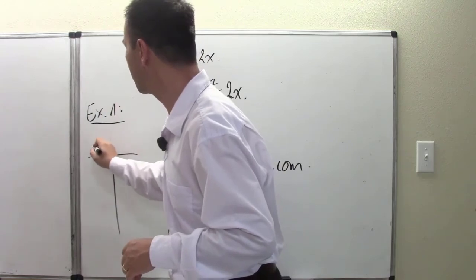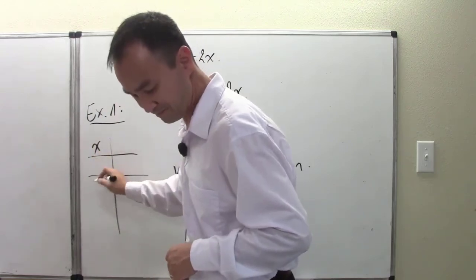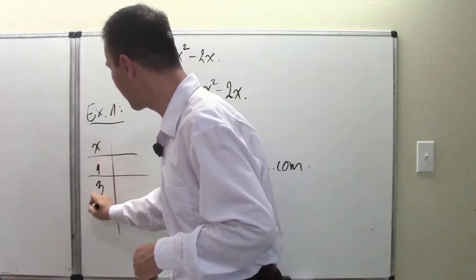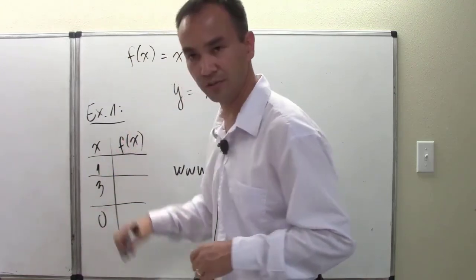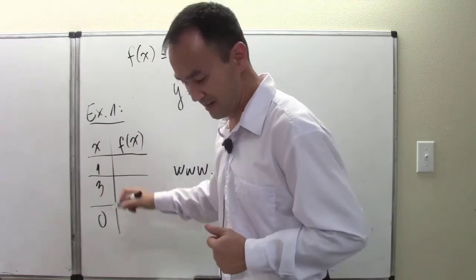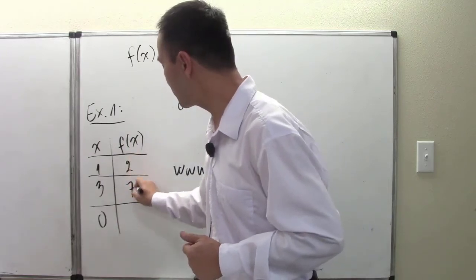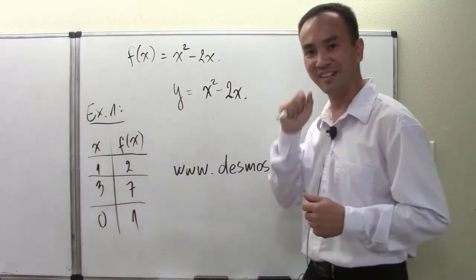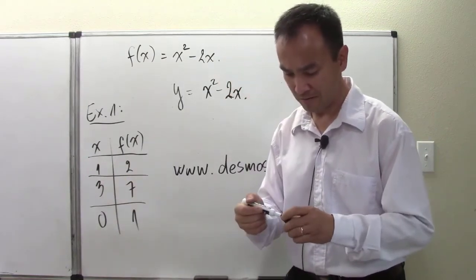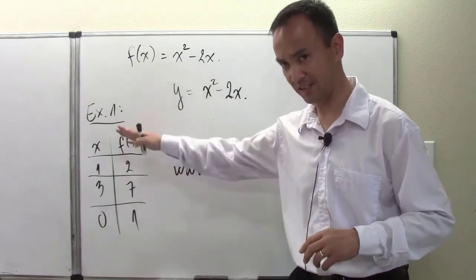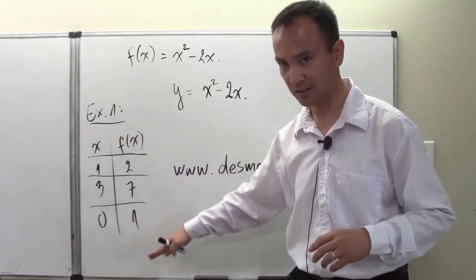And we were having x being 1, 3, and 0, and then this column was f of x, and we can call that g of x or whatever. So now it's 2, 7, 1. Those are the outputs, and that was the input right here. So now a table like this surprisingly can be done quite easily with Desmos right here.